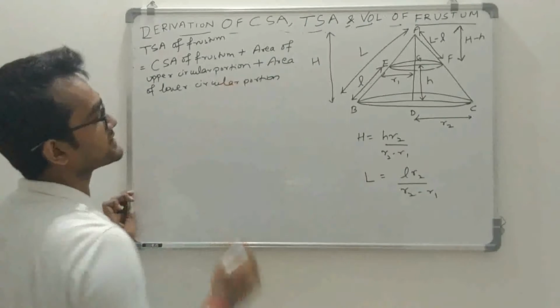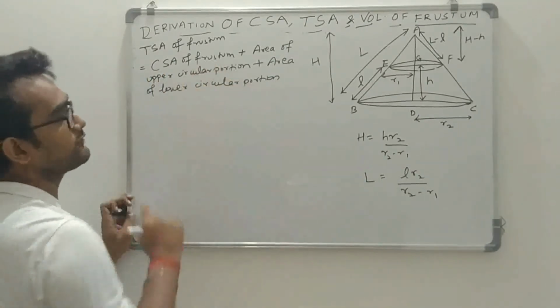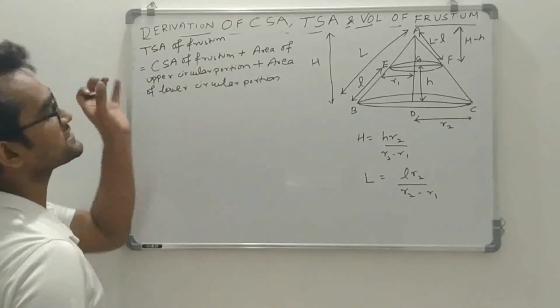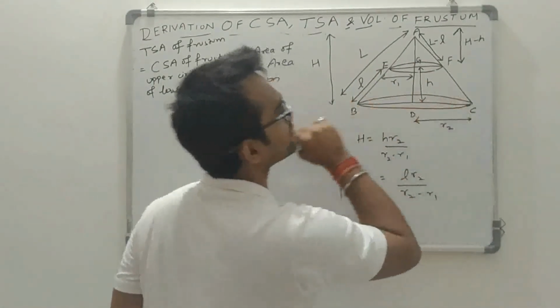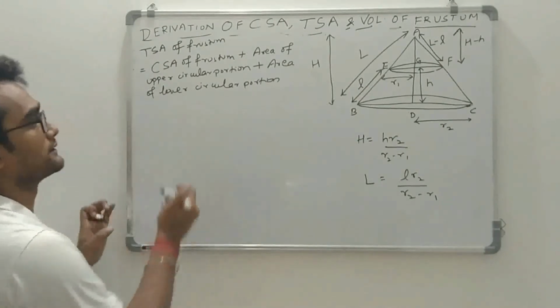So in TSA of Frustum, the CSA of Frustum will be included, and along with CSA of Frustum, the area of this circular portion and the area of this circular portion will be included.